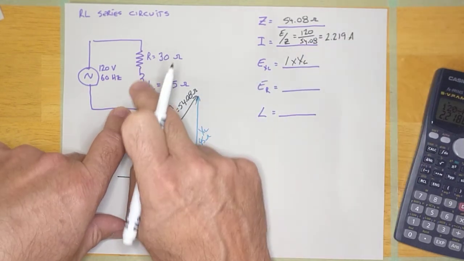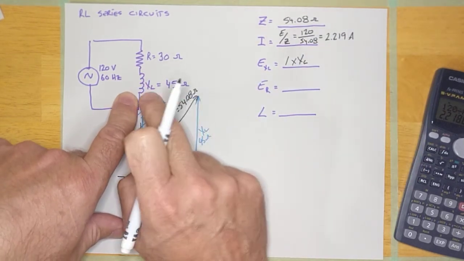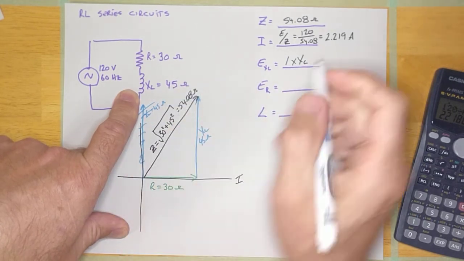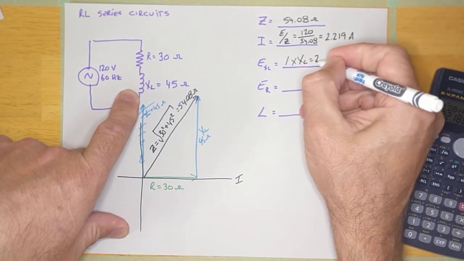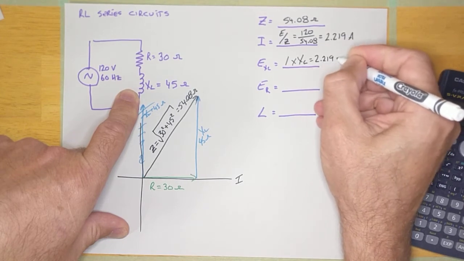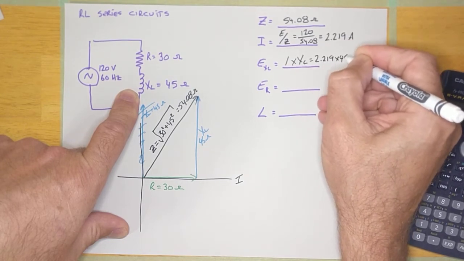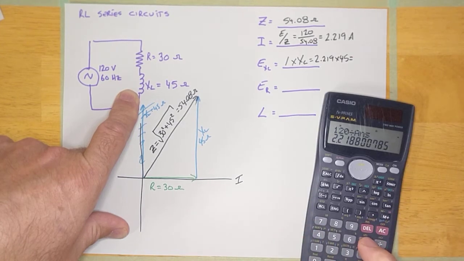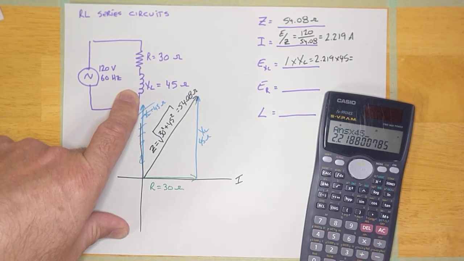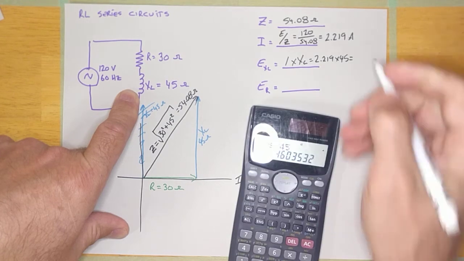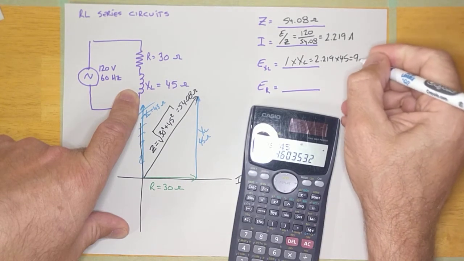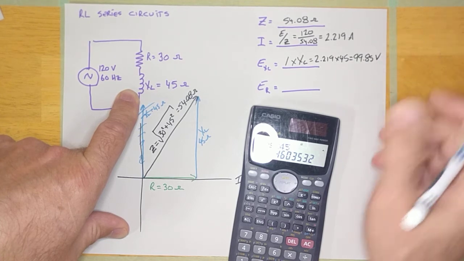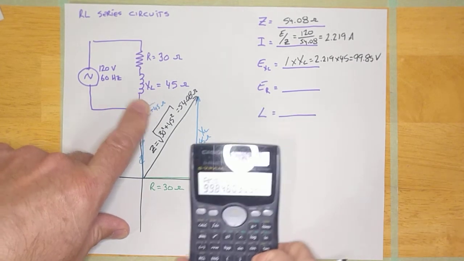Okay, it is going to be the current through this gadget times the inductive reactance of that gadget. And so it's going to be 2.219 times 45. Looks like it's 99.85 volts. Okay, guys?